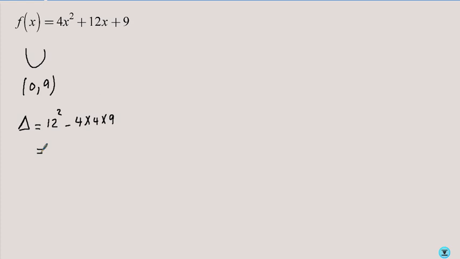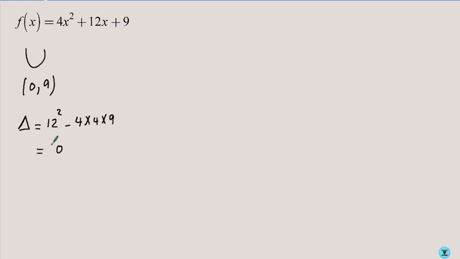If you think of this 9 as 3 times 3, and you take one of the 3's and multiply it by this 4, and the other 3 and multiply it by this 4, you'll get 4 times 3, which is 12, times another 12, which is 12 squared. So the discriminant is 12 squared minus 12 squared, and that gives us a 0.